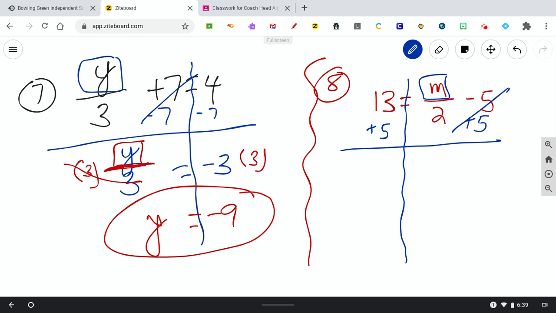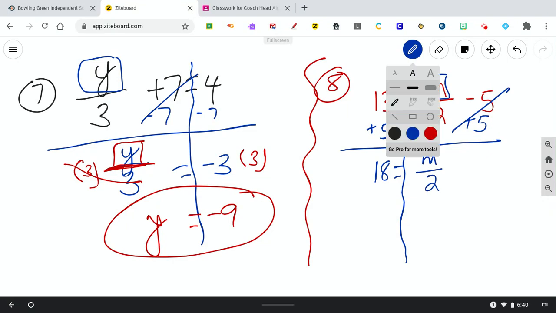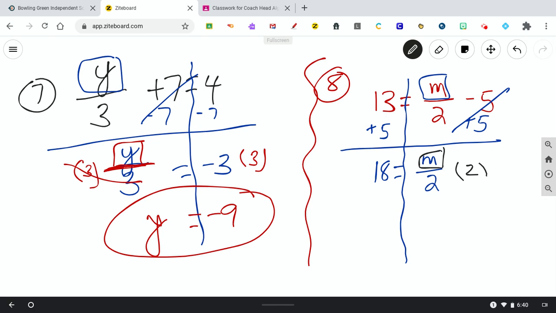That cancels. 13 plus 5 is 18. I bring down my m over 2. Still trying to get that by itself. Okay. And so my next thing that I do here, I'm going to multiply both sides by 2. That cancels. 18 times 2 is 36. Bring my m down, and I have m equals 36. Okay.